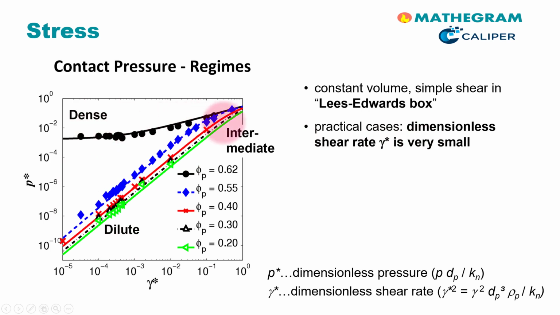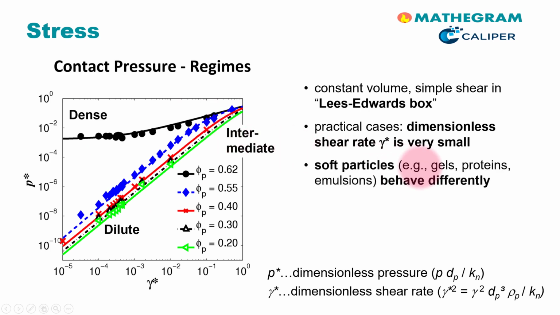The intermediate regime is never accessed by such flows. Second, only in case of very soft particles, e.g. gels, soft protein particles or emulsions, the intermediate regime can be observed and the material behaves differently.